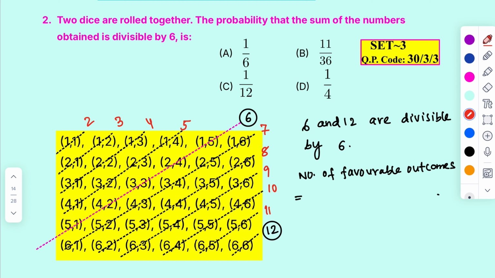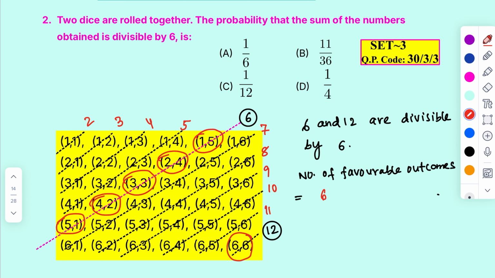Here you see these combinations, 1, 2, 3, 4 and 5 which give sum 6 if you take the sum. And here if you take the sum, it will be divisible by 6. The number of favorable outcomes will be equal to 6. This is 1, 2, 3, 4, 5 and 6.